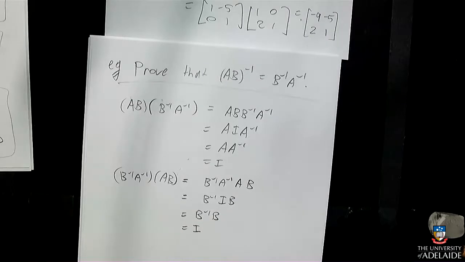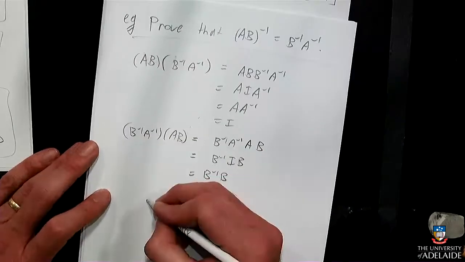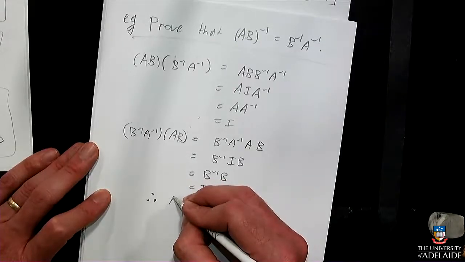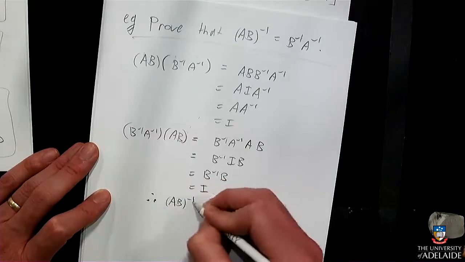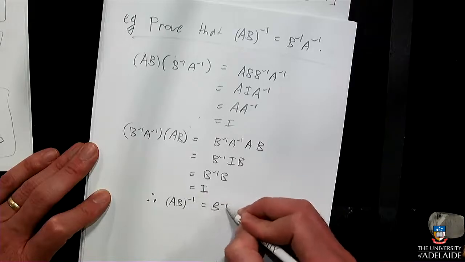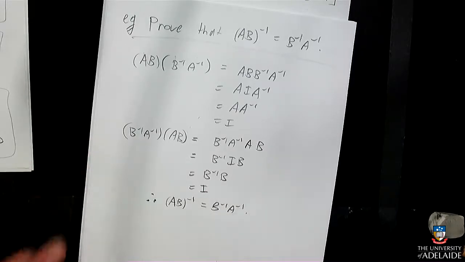And so since when I multiply this by AB, I get the identity on both sides, we're allowed to say, therefore, AB inverse is this matrix. And that's how a proof that something is a matrix inverse would work. You have to multiply the thing by the matrix both ways and see if you get the identity both times. And if you do, then it really is the inverse.